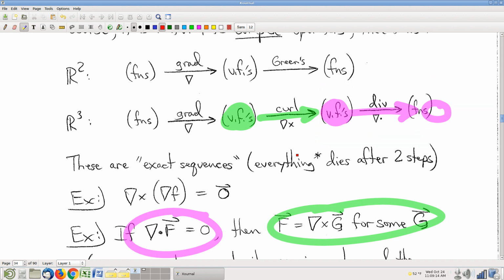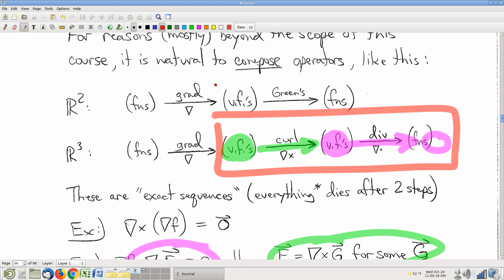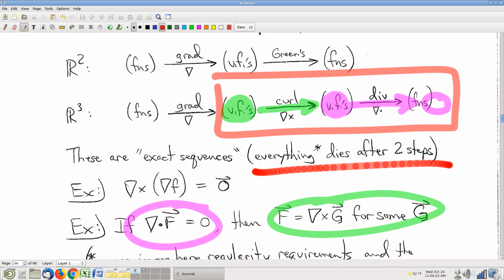It must have had a lifetime of 2. Everything dies after 2 steps. And so it must have come from previously the curl of some other vector field. Anyway, that's an eyebrow raiser, right? It's strange that this lifetime of 2 thing always works.